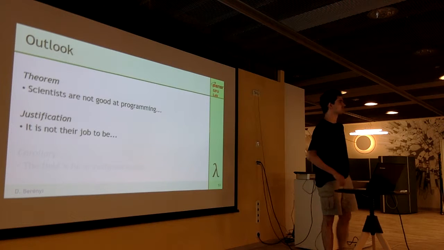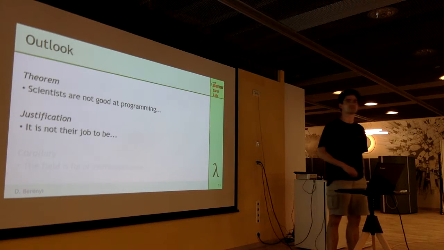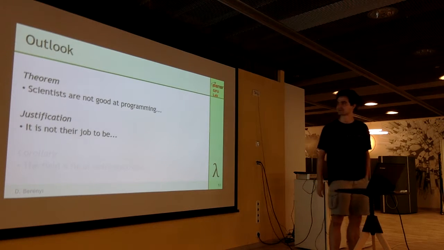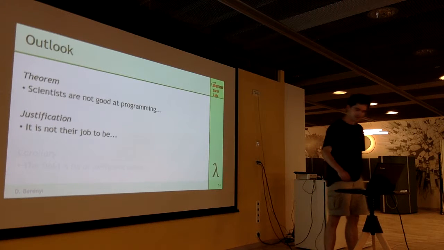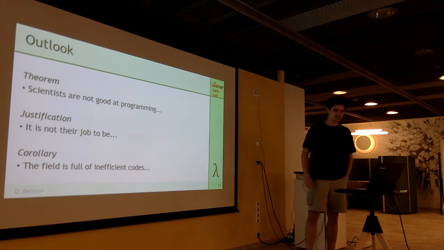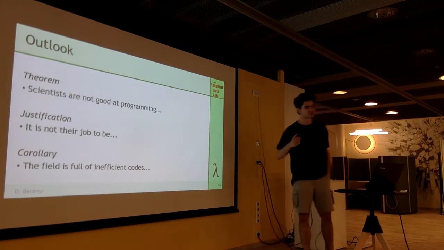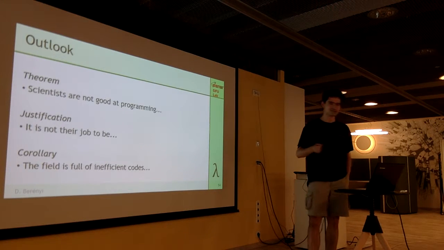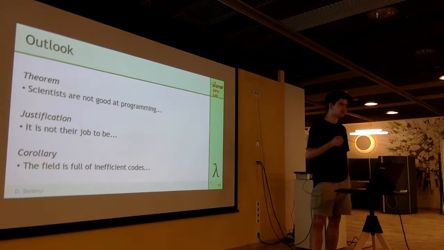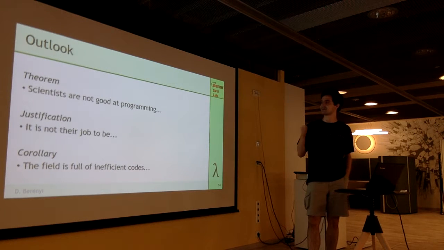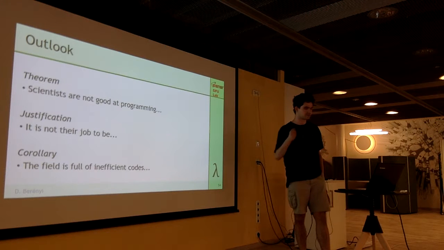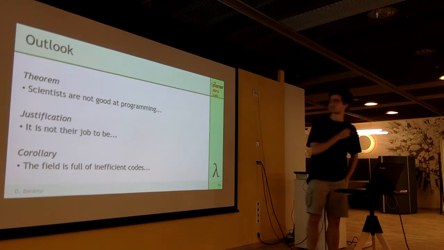They should be writing equations and dealing with symbolic stuff, and not writing number crunching programs. The corollary is that the field is full of inefficient code, because there are no good tools that could take symbolic equations and create really optimal code at the end that will be doing all the low-level stuff.